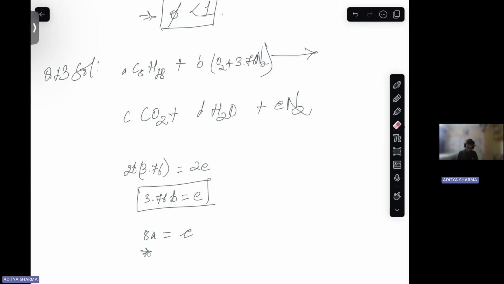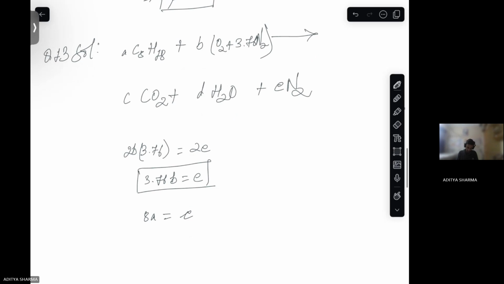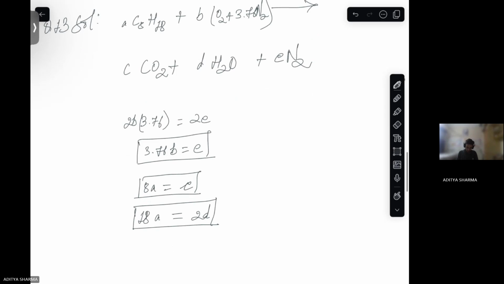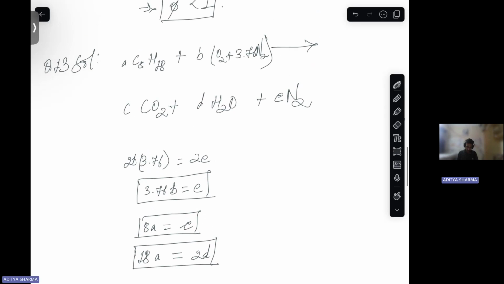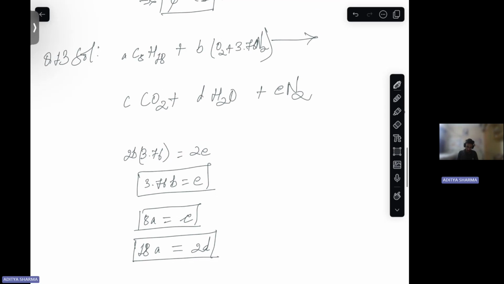Then third is hydrogen: 18A equals 2D. Then your oxygen. What is oxygen?